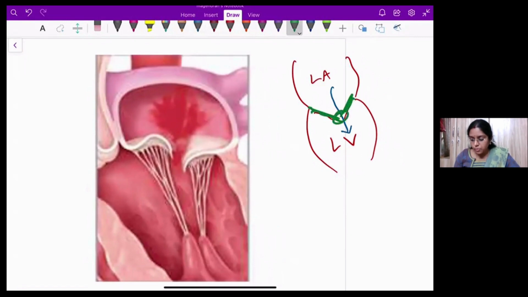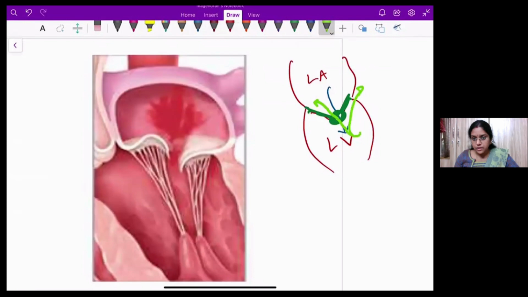So there is some amount of opening left here, and some amount of blood from the left ventricle goes back into the left atrium as well as the aorta. During ventricular contraction, when the blood is ejected into the aorta, some amount of blood is going back into the left atrium.